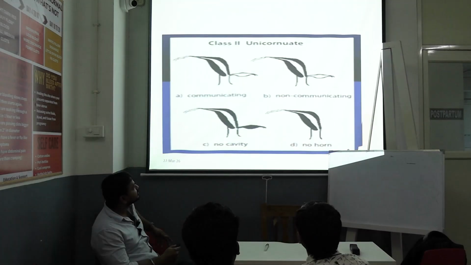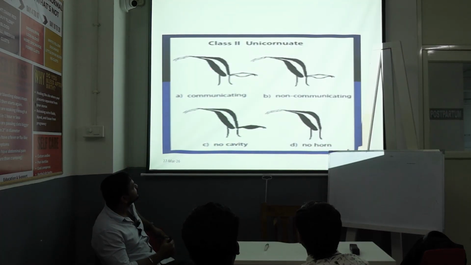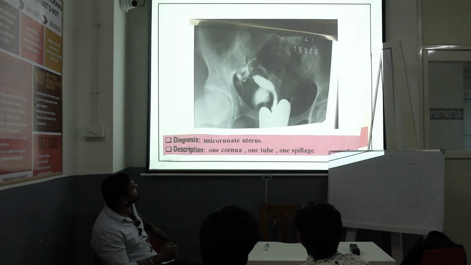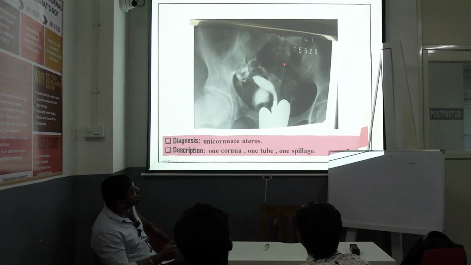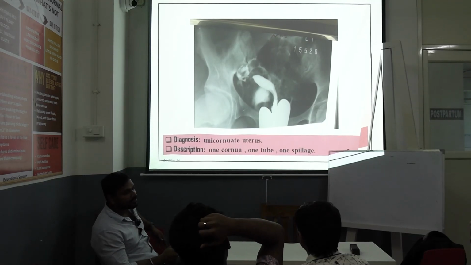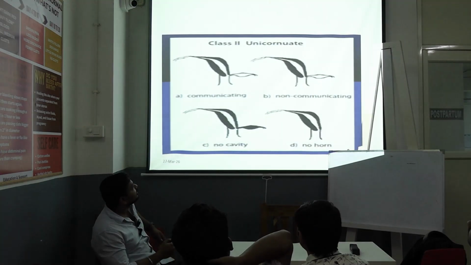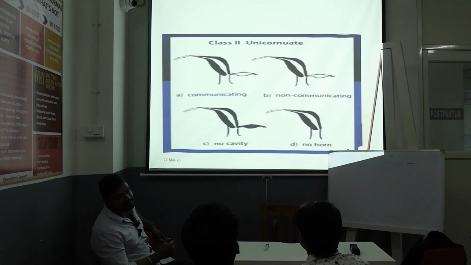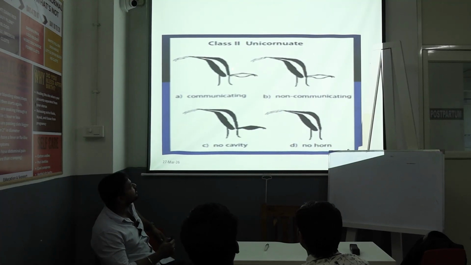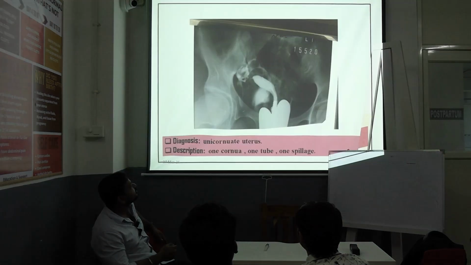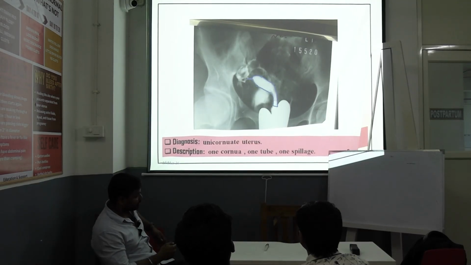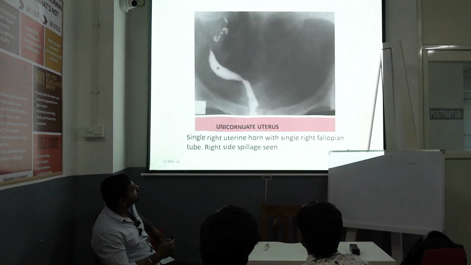See, এখানে একটাই কর্ন আছে, see this is unicornuate uterus, একটাই কর্ন আছে, অপোজিট উল্টো দিকে একটা হর্ন যেটা আছে that is not developed, either it can be not developed or it can be rudimentary মানে there is no connection here, so the dye did not go here, the dye has only entered here, see একদিকে dye enter হয়েছে, spillage আছে, ঠিক আছে, that is the uterus, that is the spillage.